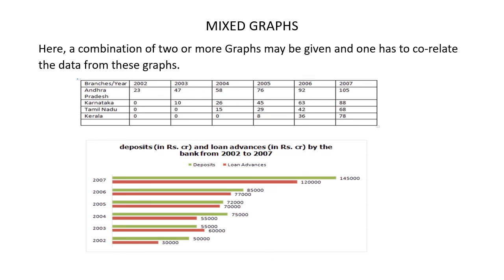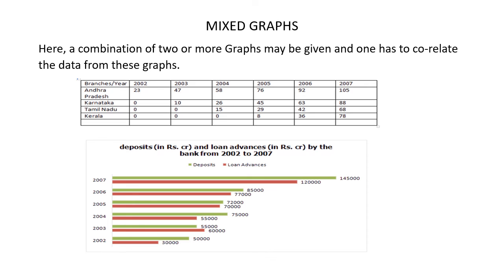Now coming to the bar graph, this bar graph shows us the deposits in crore rupees and loan advances in crore rupees by the banks from 2002 to 2007. The green color indicates deposits and the brown color indicates loan advances.